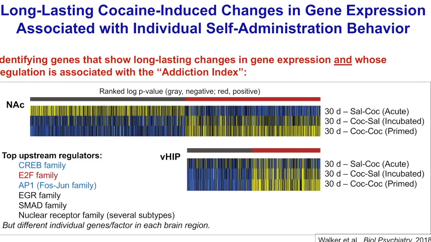Now we can look into these data sets of genes that are significantly correlated negatively or positively with the addiction index and ask what the predicted upstream transcription factors are that might drive those genes. Those are listed here. We were very happy to see that CREB and AP-1, meaning Fos family transcription factors, were among the most highly inferred.